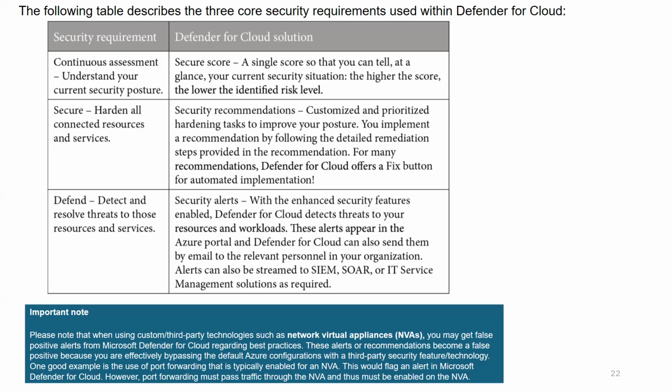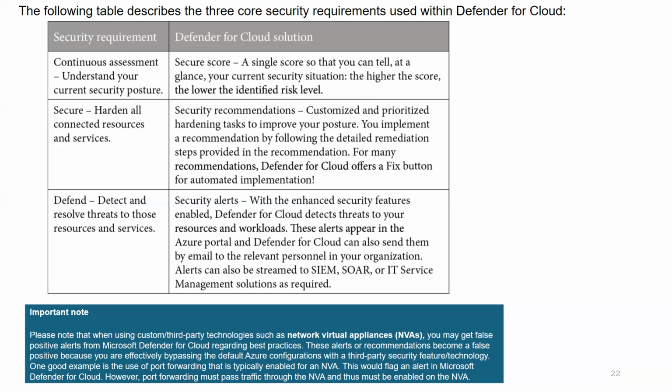Secure and harden all connected resources and services. It will provide hardening. And defend, detect, and resolve the threats to those resources or services. It is detecting and deleting, like an antivirus; any threats it will detect, right? So NVA, network virtual appliances, is there.